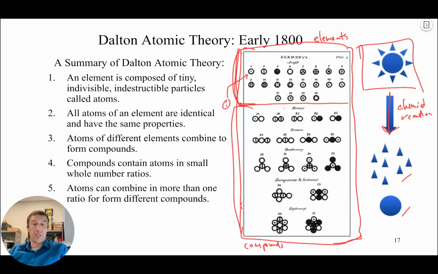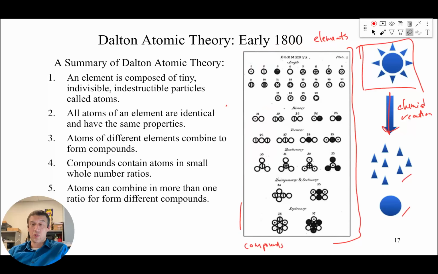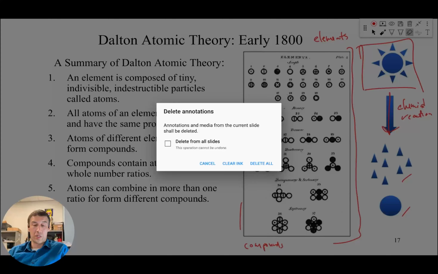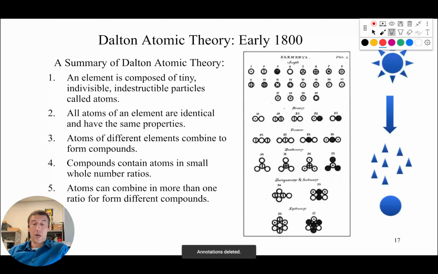If we then shift focus and look at Dalton's actual theory, we want to address each of those individual components as we navigate through. And we can look at each of these theories. So number 1, an element is composed of tiny, indivisible.